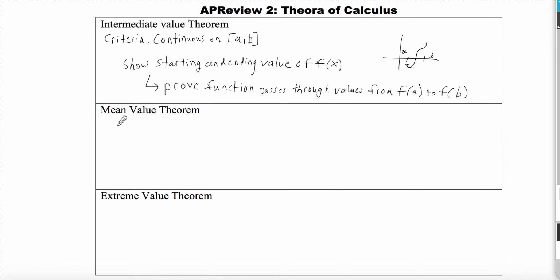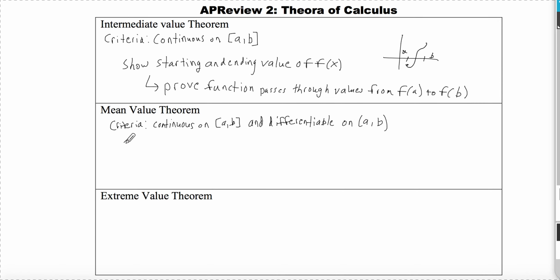Mean value theorem. Criteria for that, to apply the mean value theorem, is our function needs to be continuous on the closed interval a to b and differentiable on the open interval a to b.